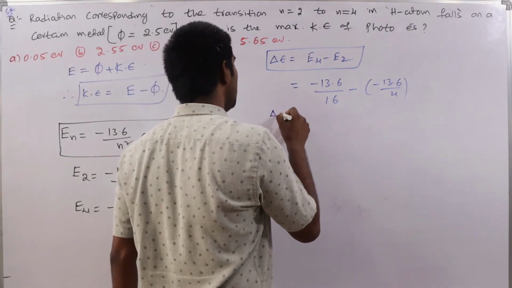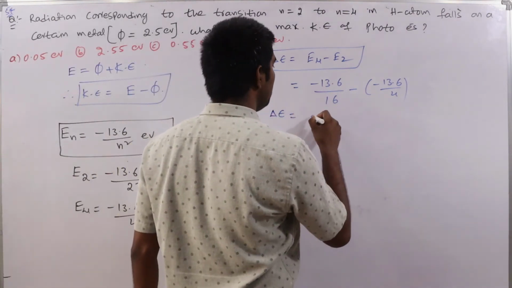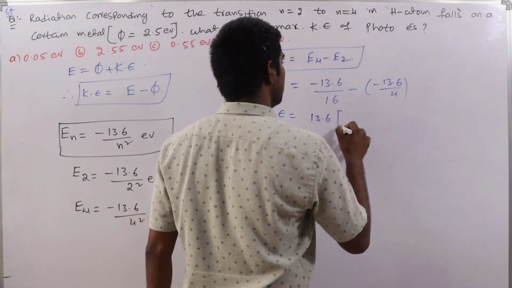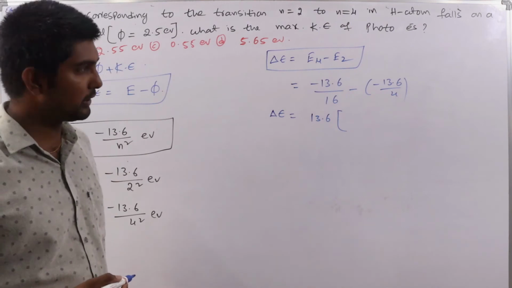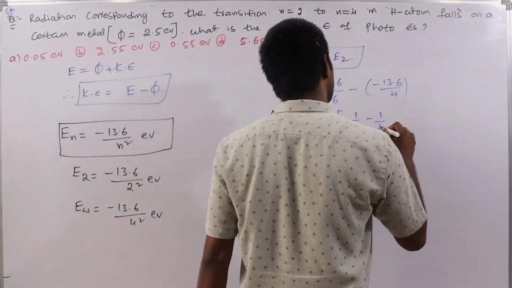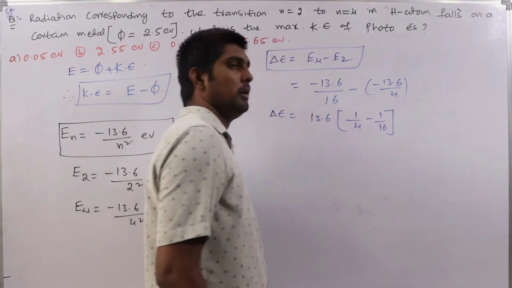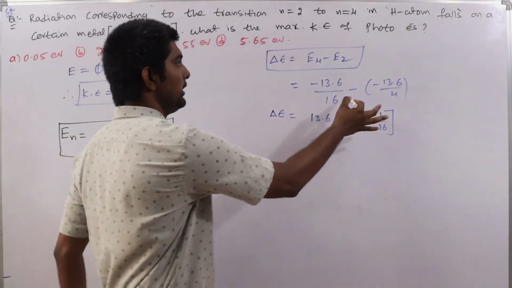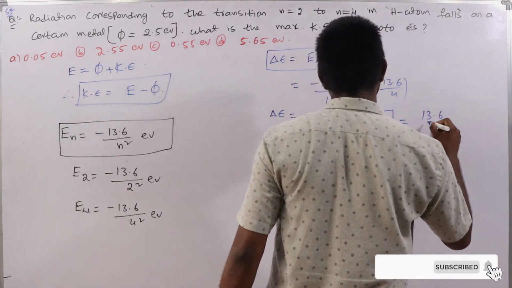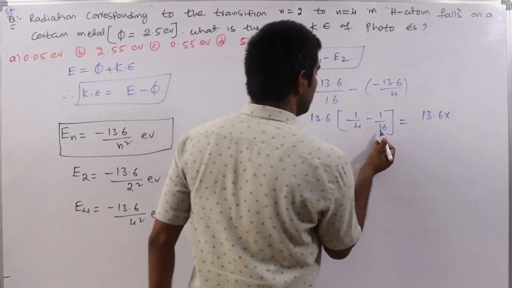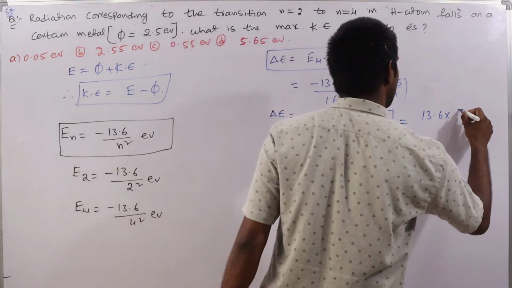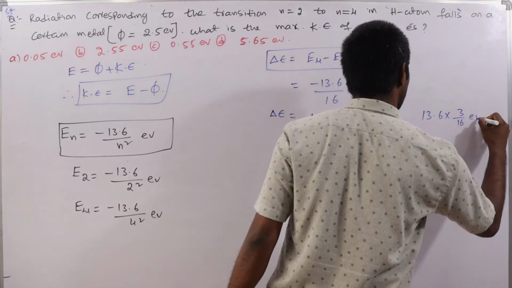So from this we get delta E equal to, taking 13.6 out, 1 by 4 minus 1 by 16, minus into minus becomes plus. Here 16 is the LCM, so overall we get 13.6 into 3 by 16 electron volt.